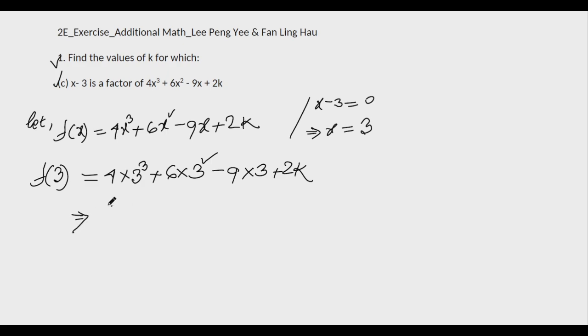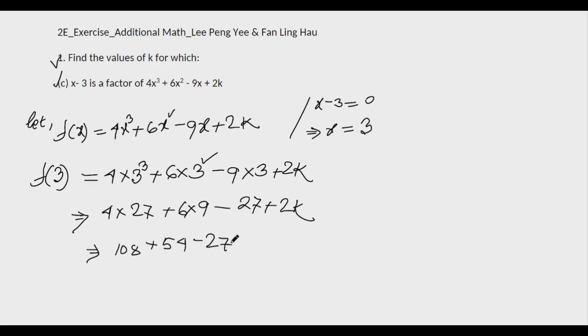If we calculate this one, we will get 4 multiplication 27 plus 6 multiplication 9 minus 27 plus 2k. 4 multiplication 27 will be 108. Then 6 multiplication 9 will be plus 54 minus 27 plus 2k.